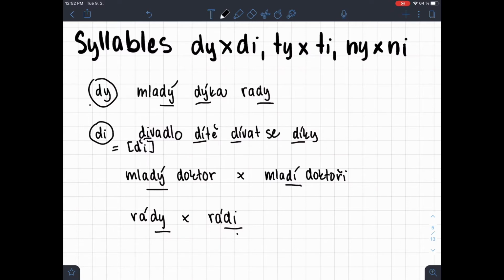We like the Czech language. And it could be men and women or just men. But if you have a group consisting only of women, then you would use the D with the Y, the hard Y, so rády. The difference is: máme rády češtinu could say only a group of women. Máme rádi češtinu could be a group of women and men together or just men.